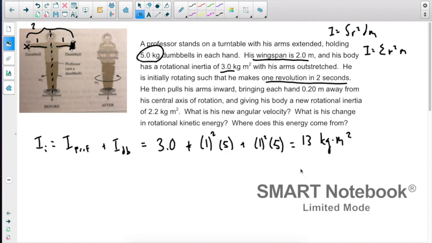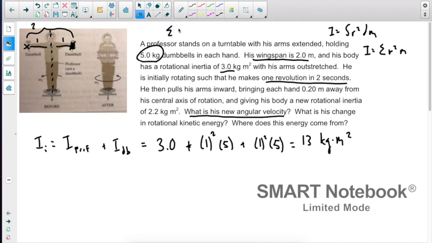All right. So first of all, I suppose that we should talk about what concept we're using to answer this question. Let's focus on this question first, his new angular velocity. I kind of got ahead of myself getting all this information down. Well, I can see that there are no external forces acting on him that would cause a rotational change. There are no torques acting.